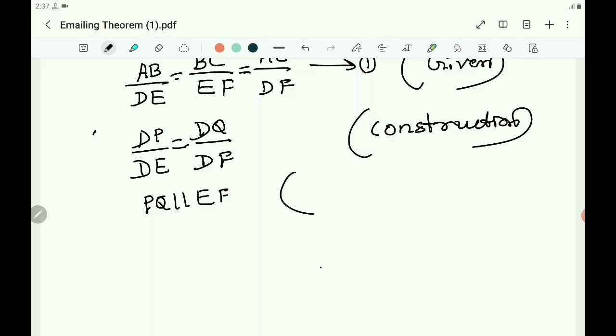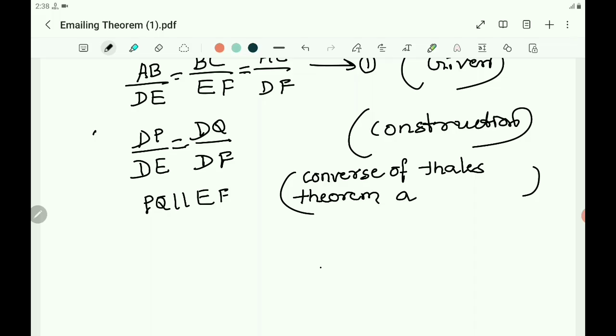The reason is converse of Thales theorem and its corollary.